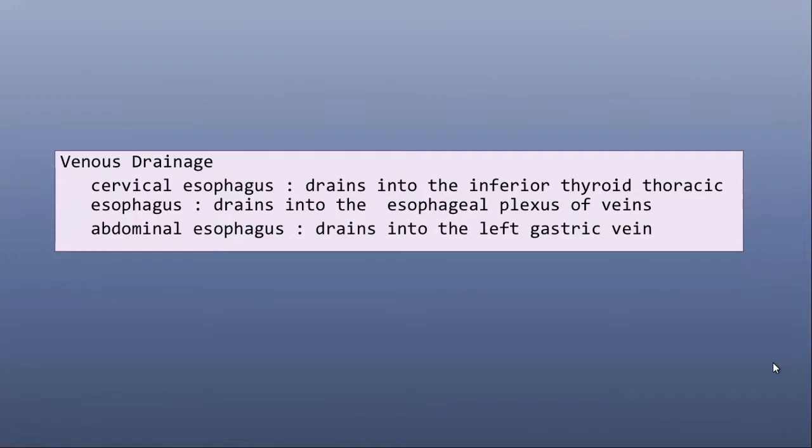And because of this relation, sometimes if there are problems in your liver, like if there is cirrhosis of the liver, esophageal varices may happen. And that is because of the presence of this left gastric vein draining into your portal vein. So esophageal varices.